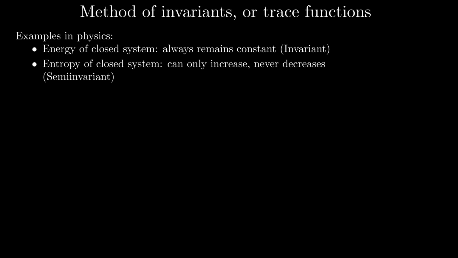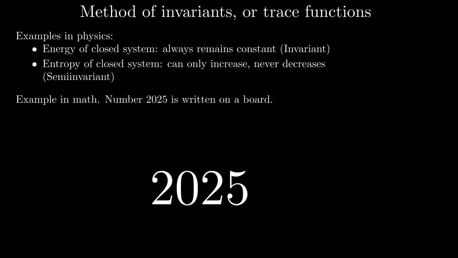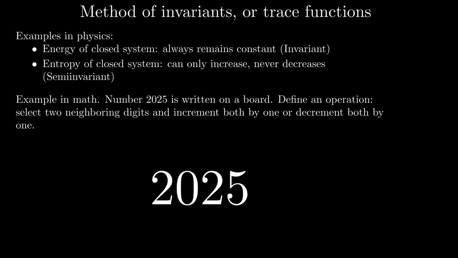For those who are not familiar with this method in mathematics, a very simple example. Consider a number 2025 written on a board. An operation is allowed. Select two neighboring digits and increment them both by 1, or decrement both by 1. Of course, you can increment them only if they are less than 9, and decrement only if they are non-zero.